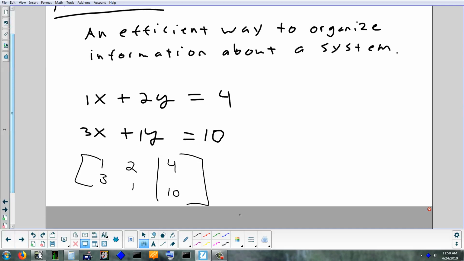All I did was write down the coefficients of everything, and I put a line here so I remember that's where my equal sign was. Okay, so matrices are a lot less writing. And that's what we'll look at tomorrow. Okay, matrices.